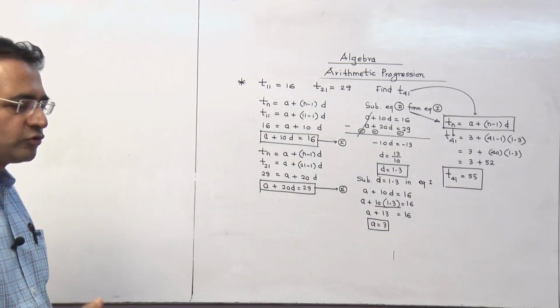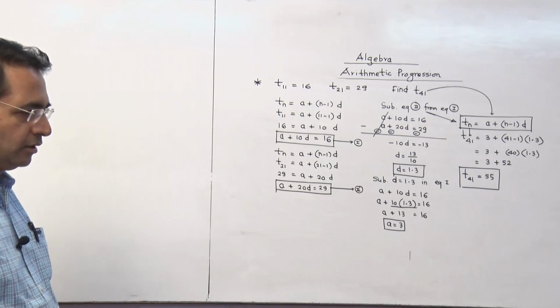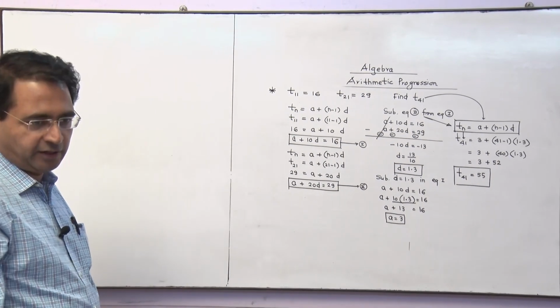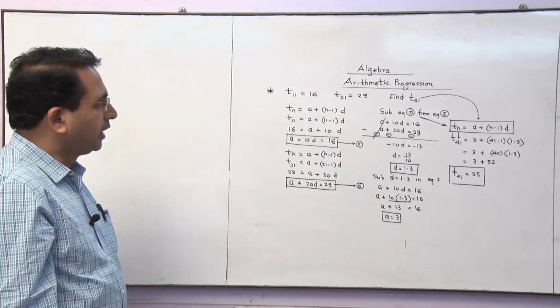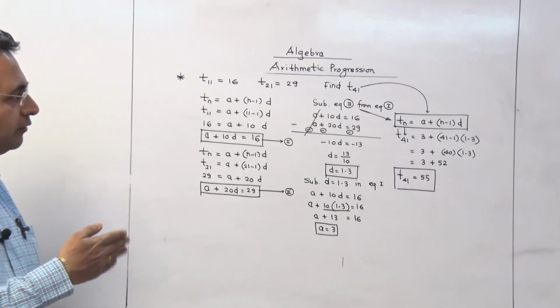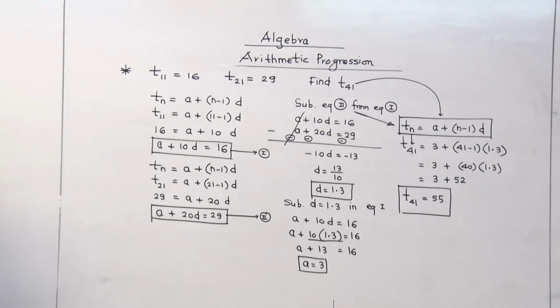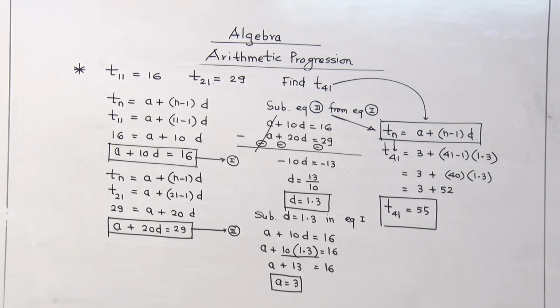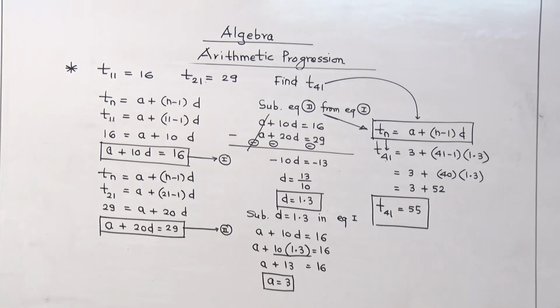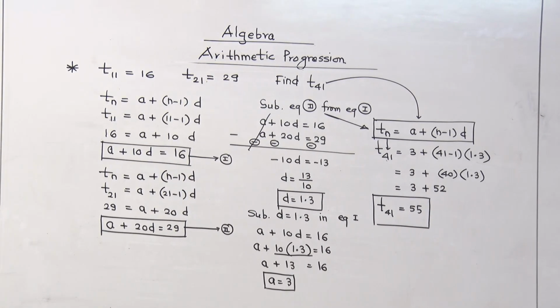So the checking process will be much easier and you will be ultimately benefited. Okay, I think we have taken these basic questions in this session. We will take one more session on arithmetic progression where we are going to do some difficult questions. I hope this is very clear to you. Okay.